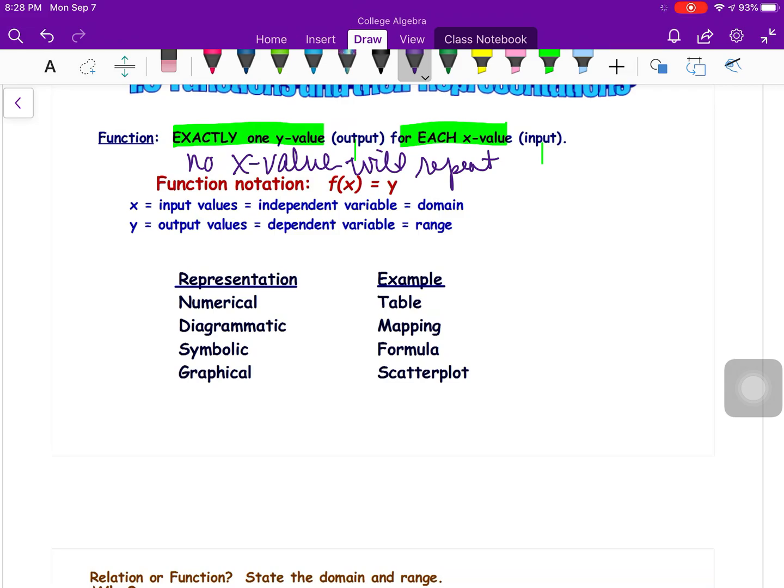The x values must be unique. If you recall from Algebra 2, when we use function notation, we would say f of x equals y, where x is your input values, your independent variables, your domain. Y would be your output values, your dependent variables, or your range.